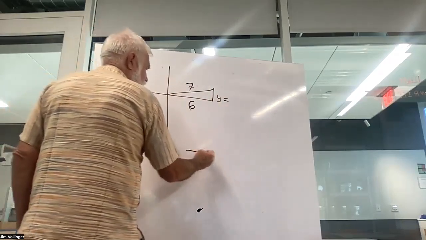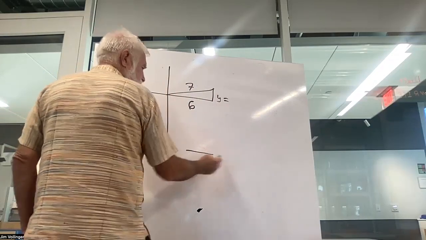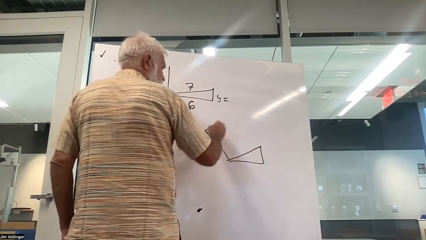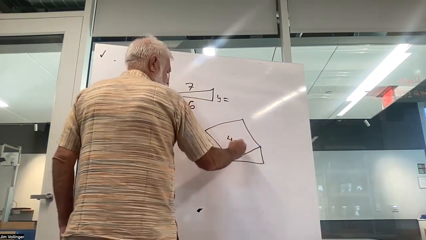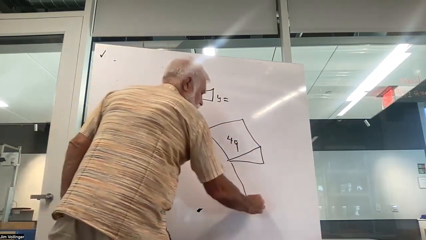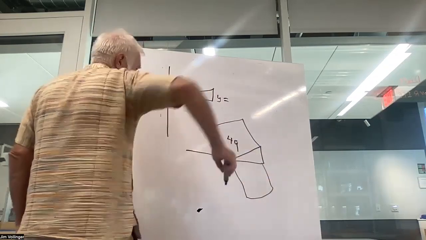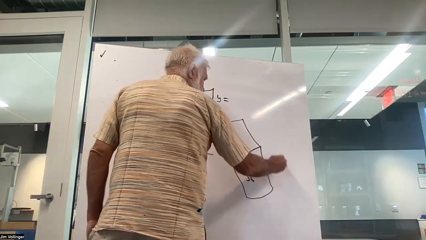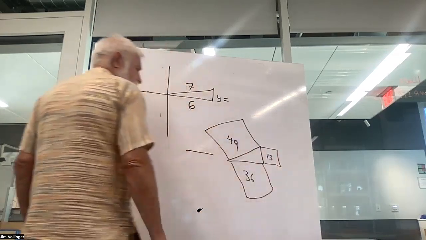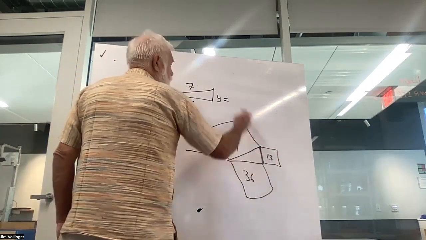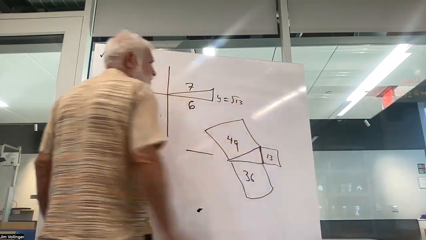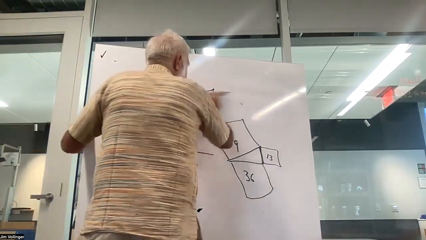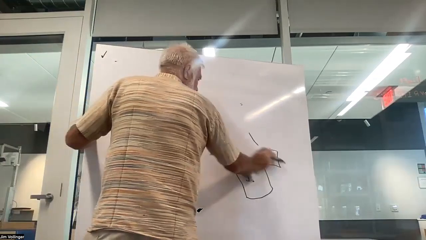All right, so 7 squared, and 6 squared is 36. Oh God, shoulder problems. It looks like this has to be 13. So what is this side length? The square root of 13, a little bit less than 4. The square root of 16 is 4. It didn't seem like it was drawn too well to scale. That's okay.